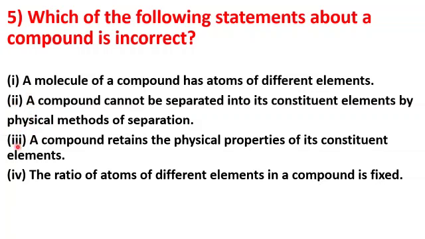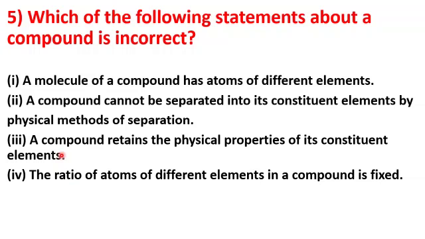Third statement, you can see that a compound retains the physical properties of its constituent elements. So this is not correct statement. If you consider a compound and the constituent elements present in that compound, those elements in the room temperature may have different physical states, and the compound may have a different physical state. For example, if you consider water, H2O, in room temperature H2O will be in liquid state.